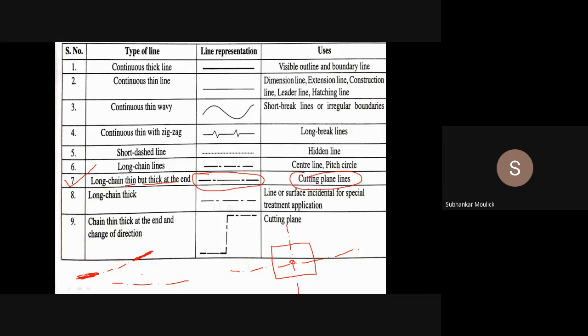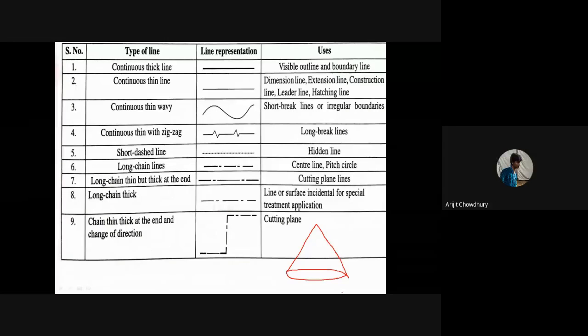Fine. So when will I use this line? Assume that I have a cone. This is a cone. If I cut this cone parallel to the x-axis at a distance of say 50 mm from the bottom, then this is the bottom end of the cone.